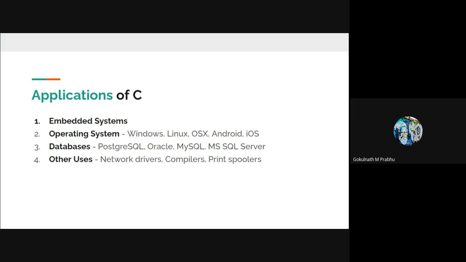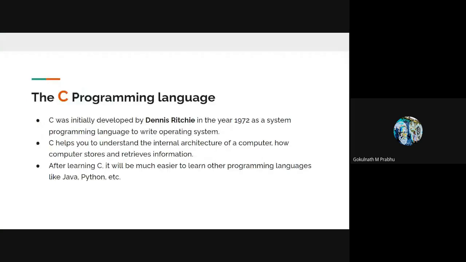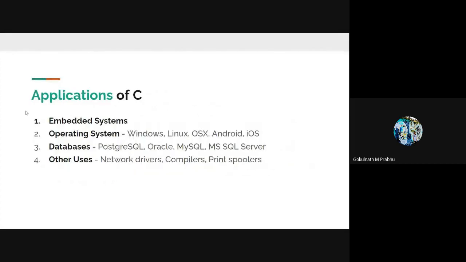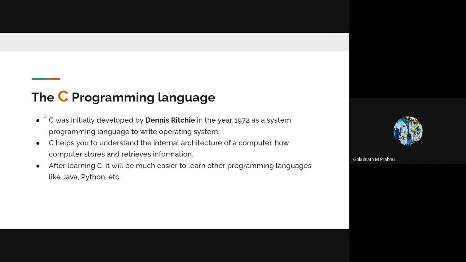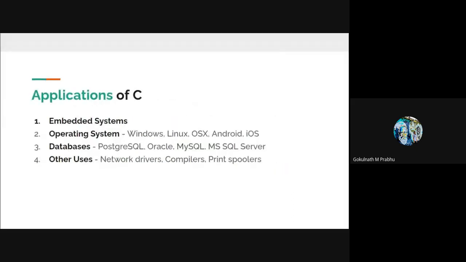Also, you can check out more about the history of C language and other details if you search the internet. There's a ton of materials regarding this, a lot of articles and all. So are we clear so far with what we have said about the C language and all of these applications of C?